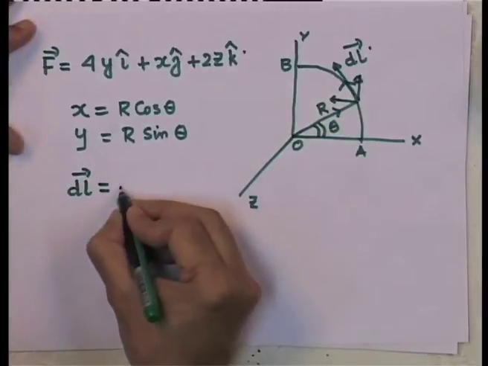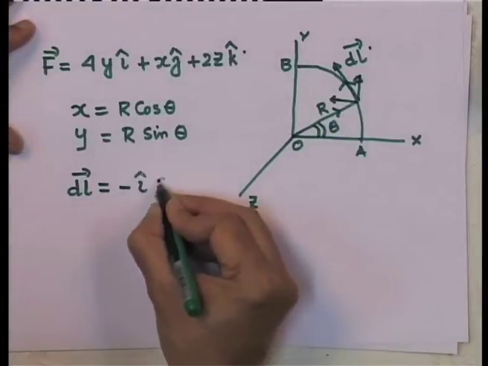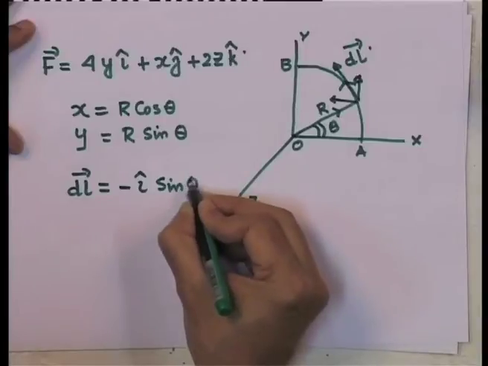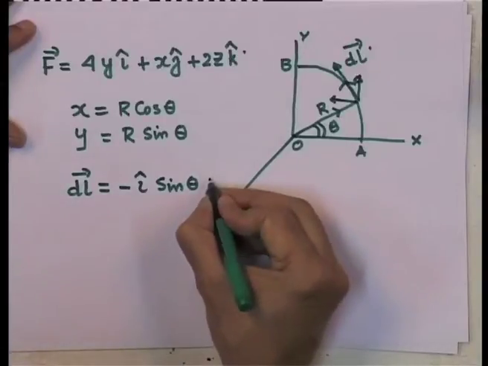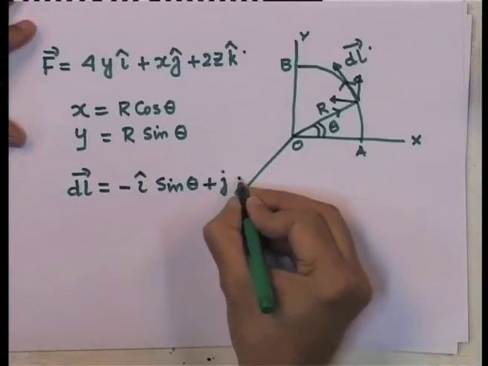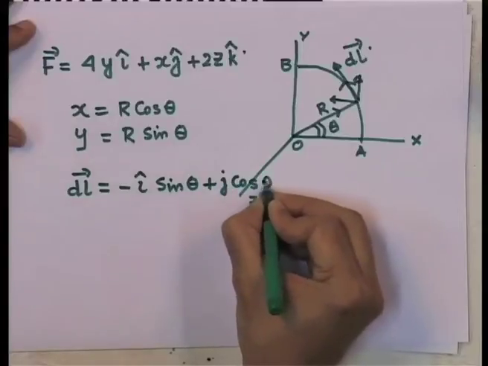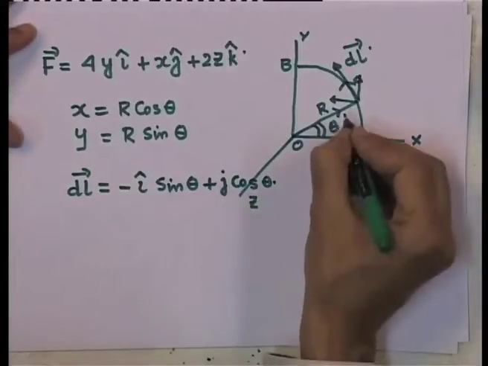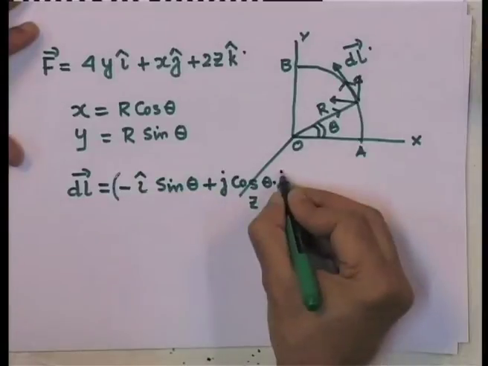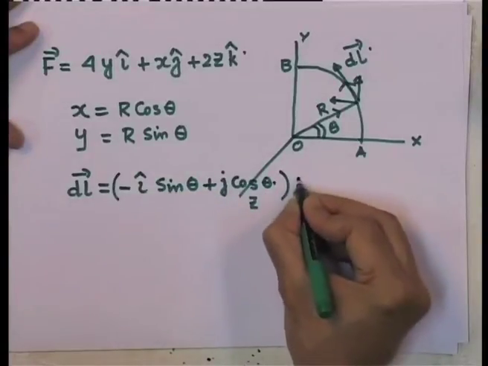You can check it as equal to minus i sin theta plus j cos theta, okay, and the length element, of course I have to give the magnitude, which is r d theta.